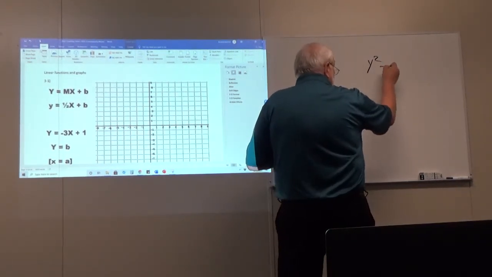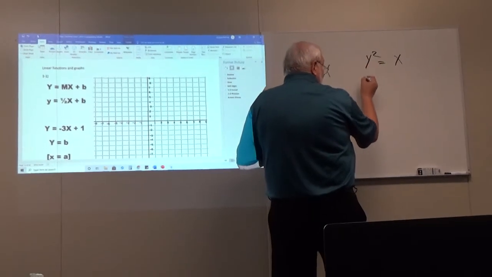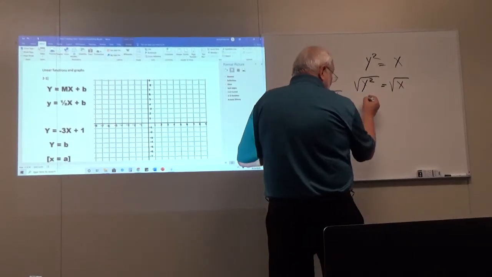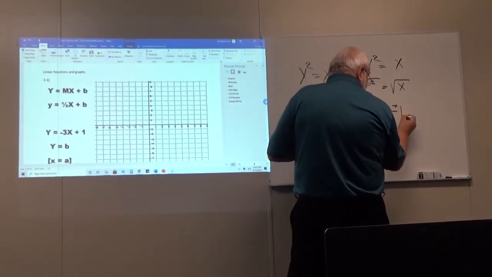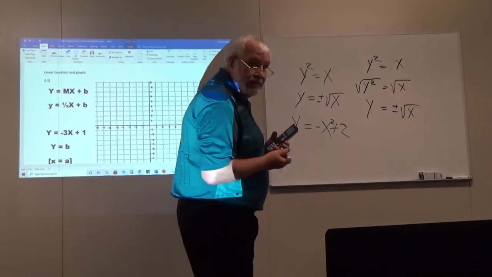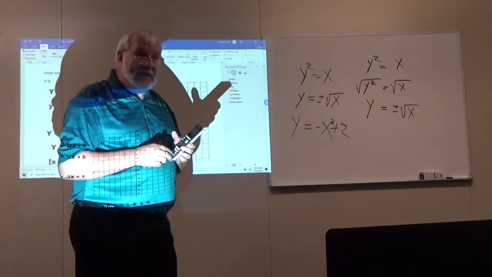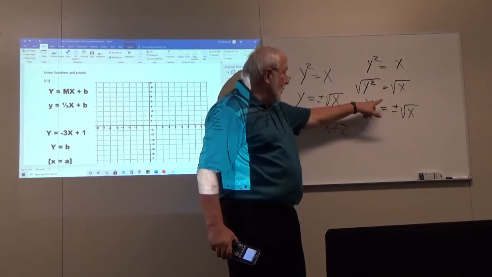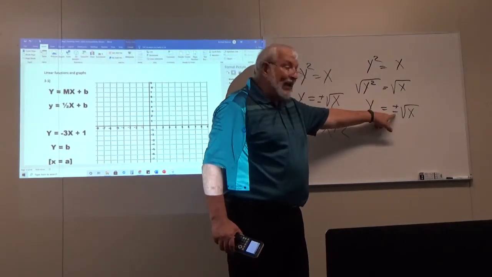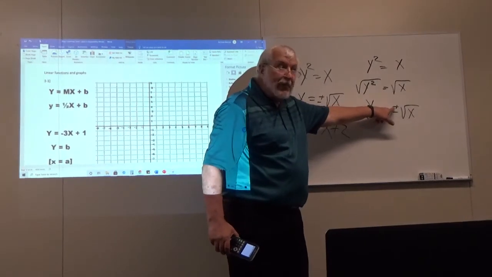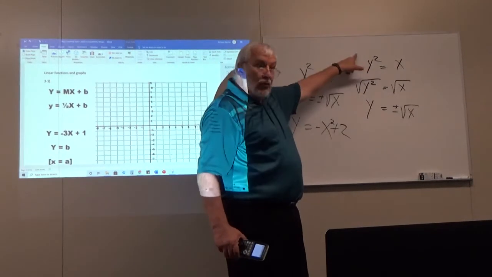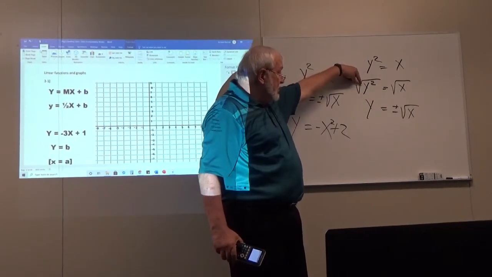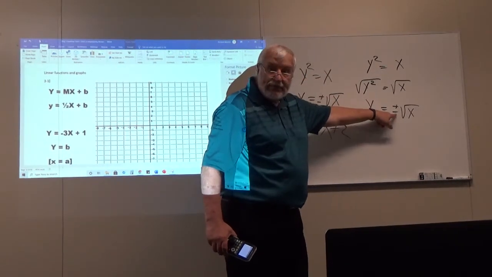If you have y squared equals x, and then you take the square root of both sides, you have y equals plus or minus square root of x. And that is because these two negatives, when you square them, will produce a positive, and these two positives, when you multiply them together, will produce a positive. And so when you're going backwards and you take the square root of a square, you have to get a plus or minus over there.